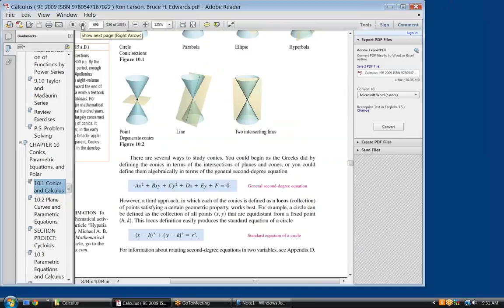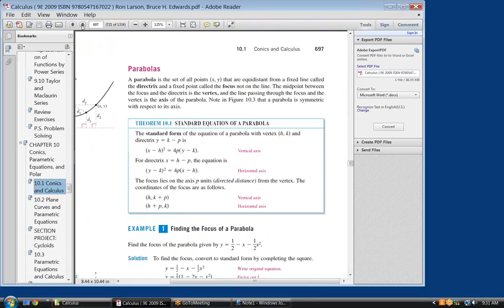What happens if we go down one page? 697 now. And here's the equations that I was talking about. If it's the vertical axis, it's this. If it's a horizontal parabola, the key difference that I remember is that vertical parabolas are y equal x squared.